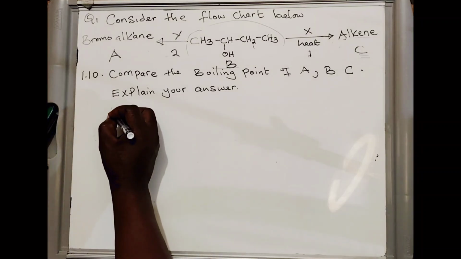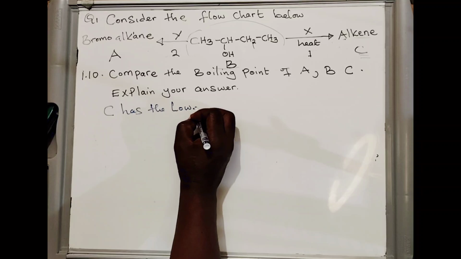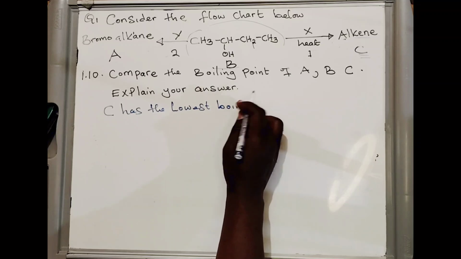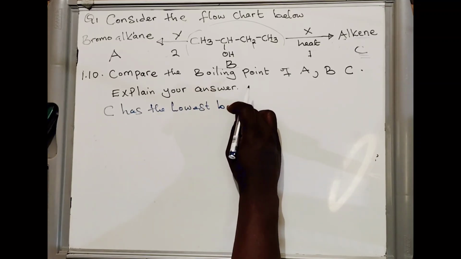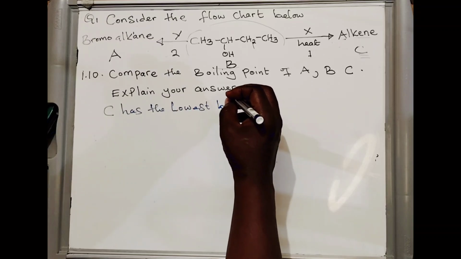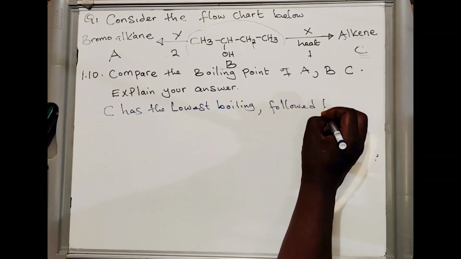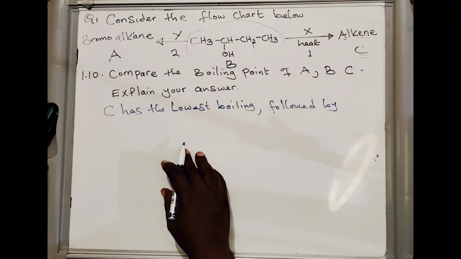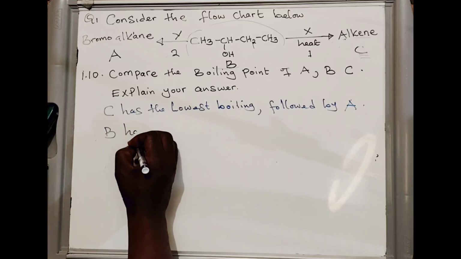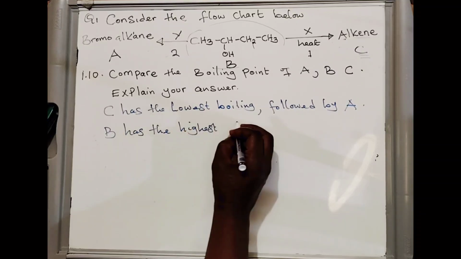We are going to say C has the lowest boiling point, followed by A, and B has the highest boiling point.